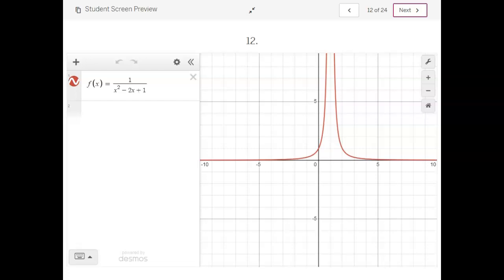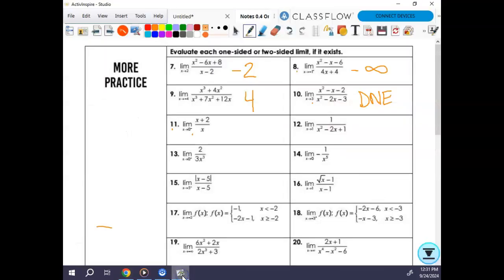So as x approaches 1 from the left, and as x approaches 1 from the right, are we approaching the same thing? Yes, and what is that thing? Infinity. Okay, so let me write these two down because this is -infinity. This is infinity. We're going to put a little asterisk or star here because we're going to come back and talk about that one at the end.